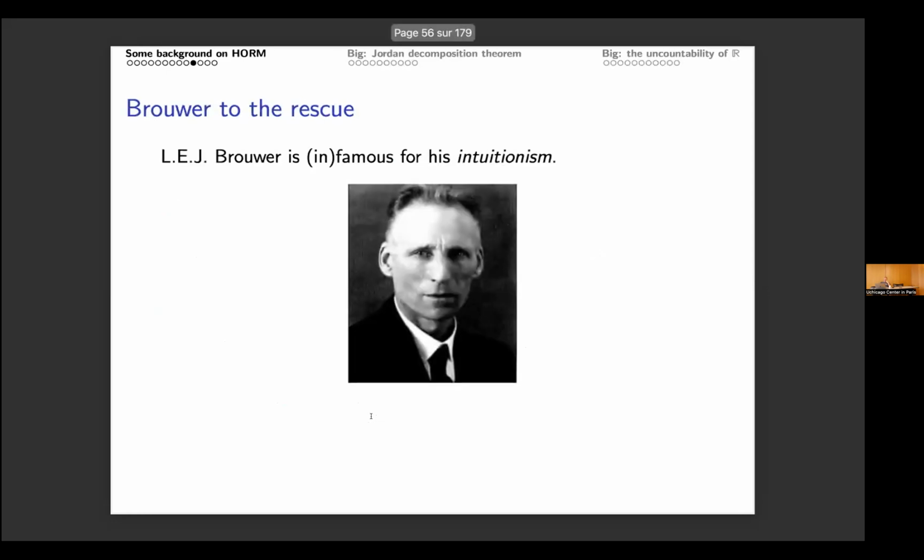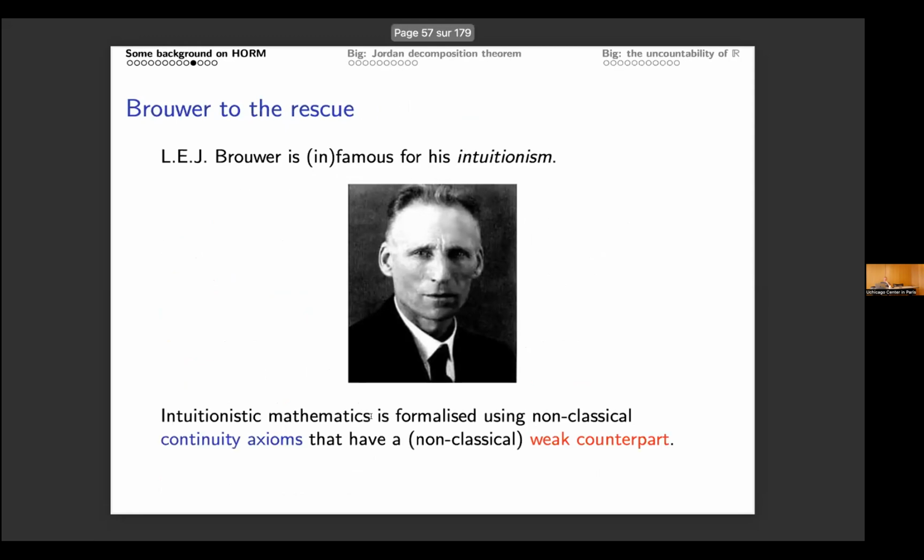Ironically, Brouwer comes to our rescue. Luitzen Egbertus Jan Brouwer, Bertus to his friends, is infamous for intuitionism. He was also Scandinavian, like my family. You know that intuitionistic logic can be formalized via intuitionistic logic and non-classical continuity axioms.